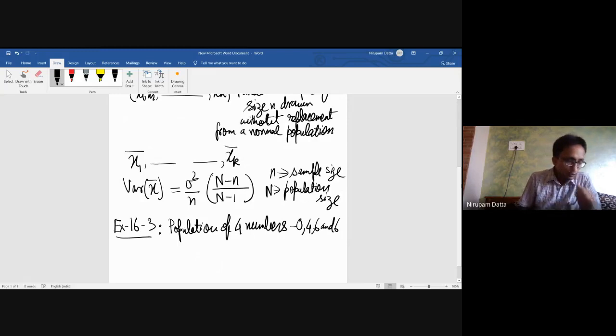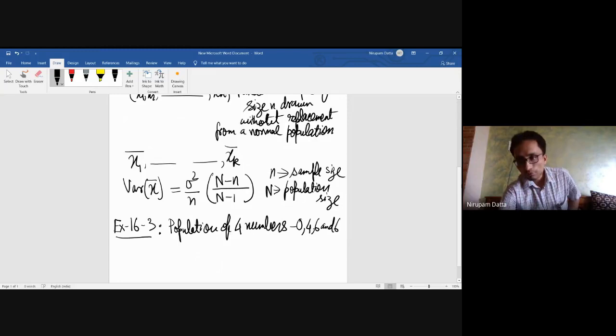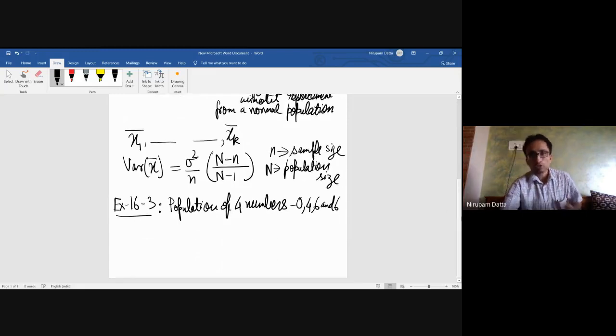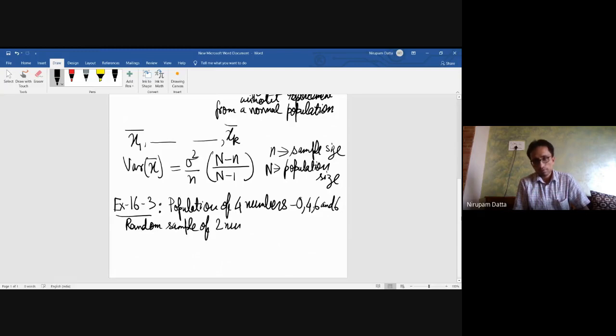Now from this population of 4 numbers, you have to draw a random sample of 2 numbers with replacement.